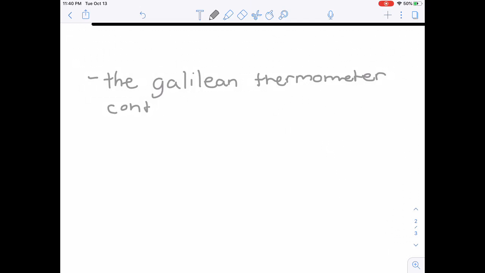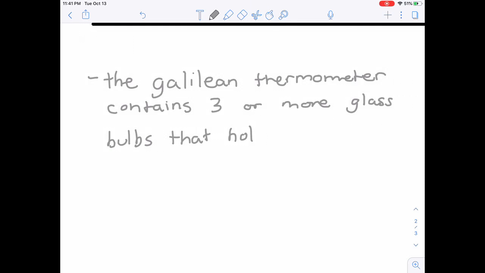So why exactly does all of this stuff about density matter to the Galilean thermometer? The Galilean thermometer contains 3 or more floating bulbs that each have different amounts of different colored liquid inside of them. When you look at the thermometer, the bulb floating closest to the middle will determine the temperature.